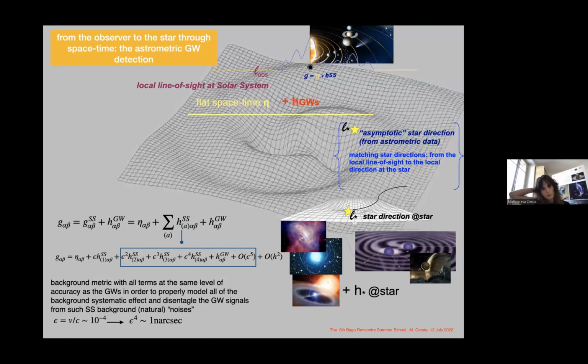Now, the last part I want to talk about is that relativistic astrometry, of course, helps us also to introduce a new detection method of gravitational waves. Gaia is simply recovering the local line of sight from within the gravitational field of the solar system, which is of course then matched with the gravitational field at the star. But in between, some gravitational waves can intervene, perturbations of space-time.